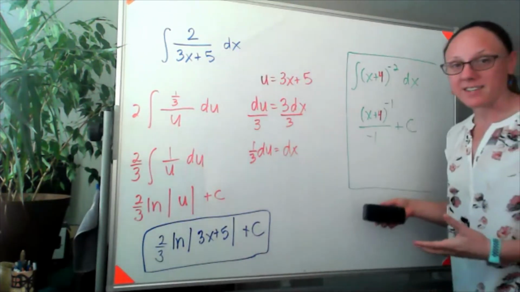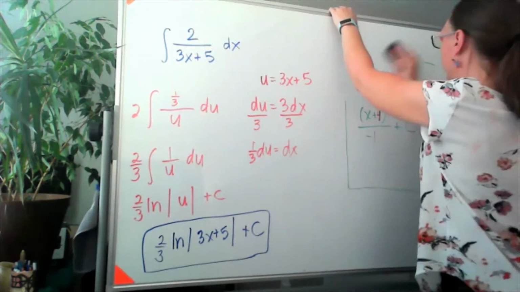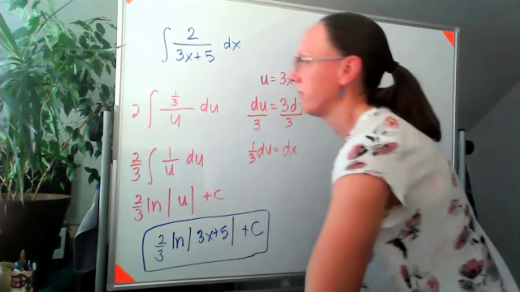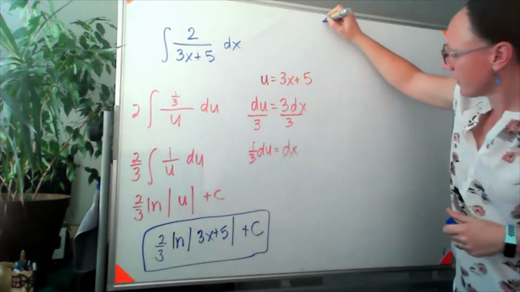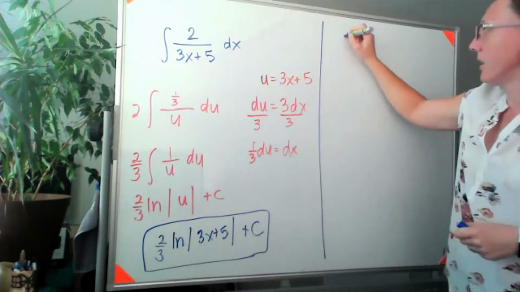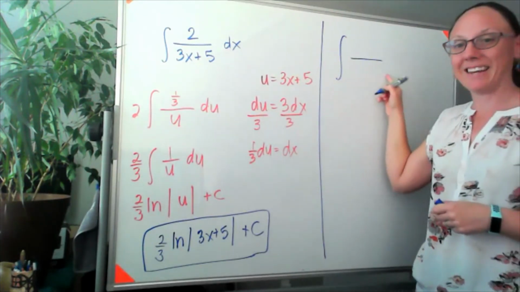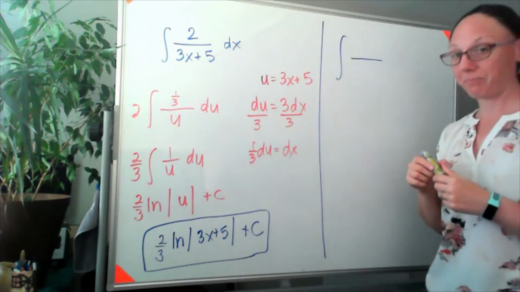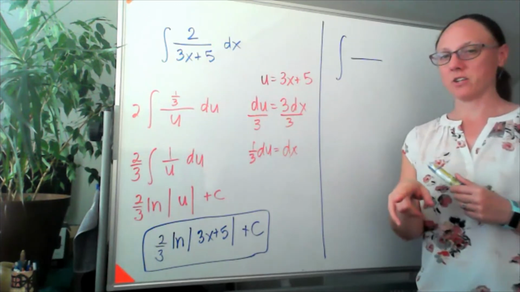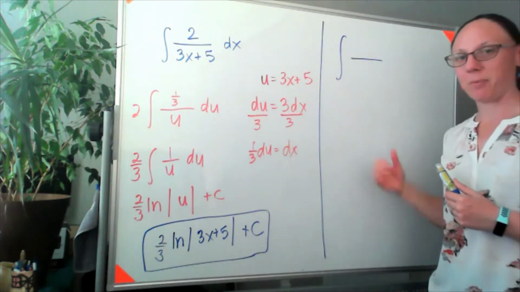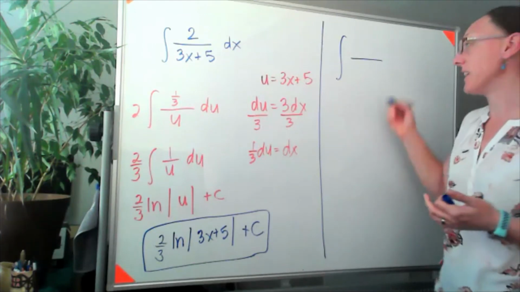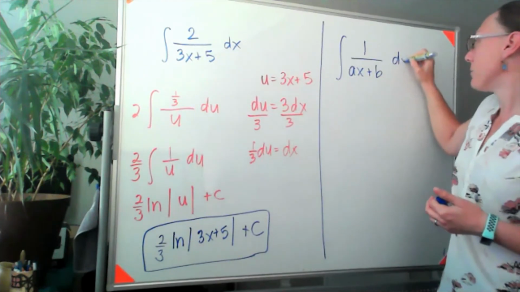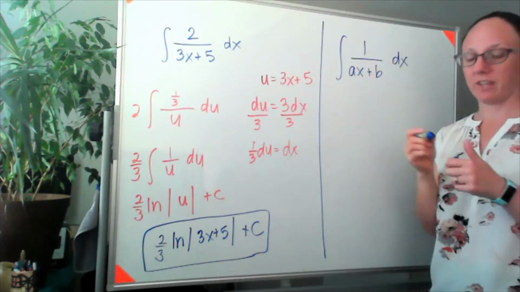If I generalize this a little bit more, anytime I have a linear term in the denominator, meaning something that looks like ax plus b, and I'm just going to write it generally like this.